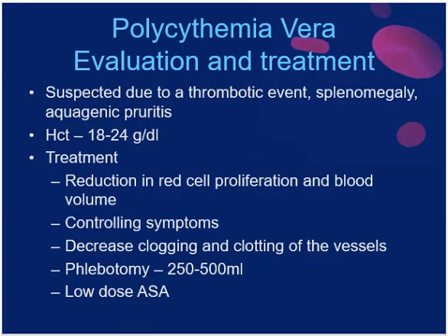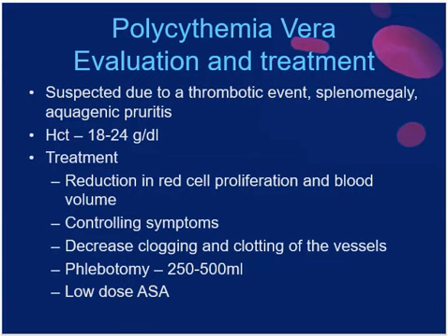Treatment includes reduction in the red cell and decreasing the blood volume. This is typically done with phlebotomy that can usually be anywhere from 250 to 500 milliliters depending on the patient and depending on what your lab levels are. It's important with this disease to control the symptoms. You also want to decrease any potential of the increased volume of cells clogging or causing a clot in the vessels.